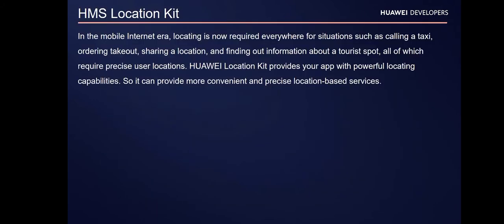In mobile applications, location is needed for different situations, like booking a taxi, ordering takeout, sharing location, finding information about tourism places, and other apps where the precise location is needed. The Location Kit gives powerful locating capabilities to the app.